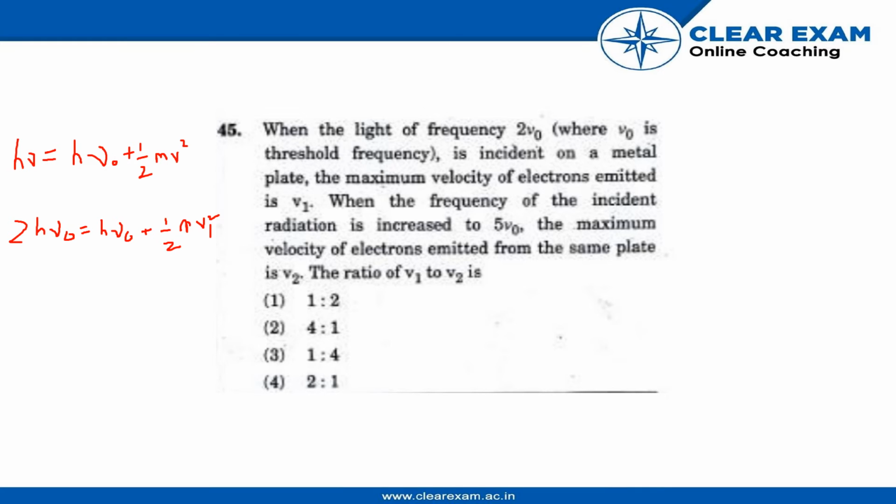So we get half m v1 square is equal to hν0.